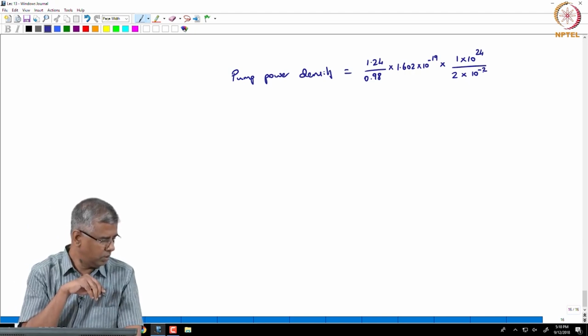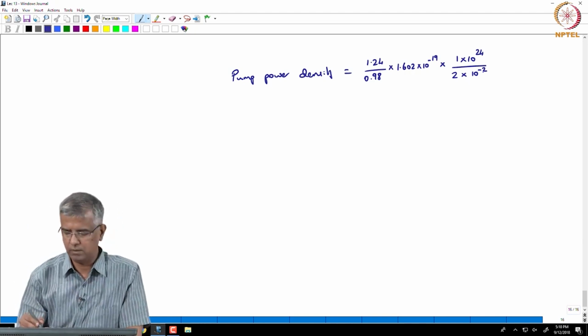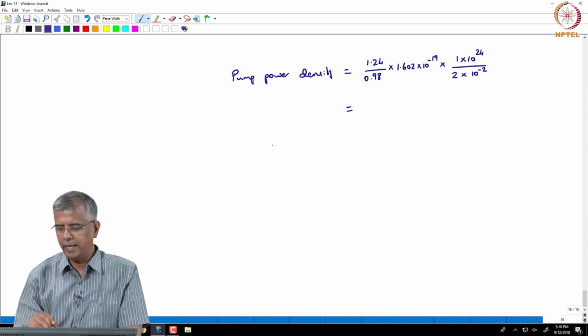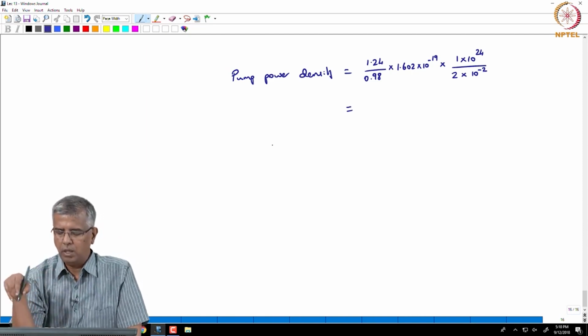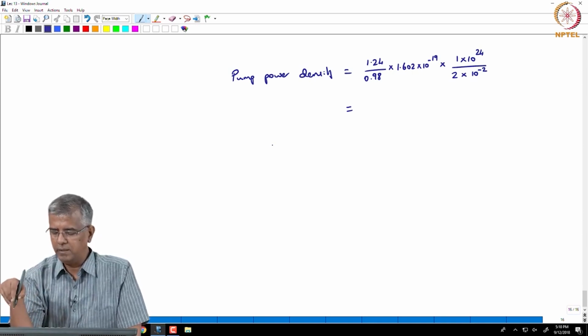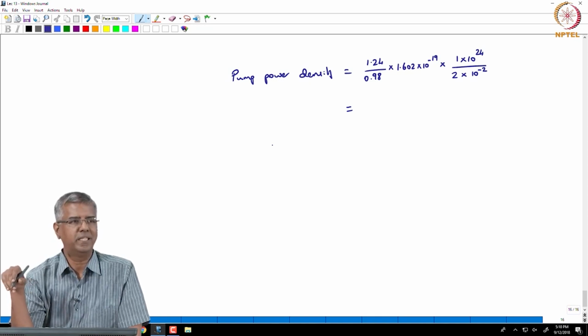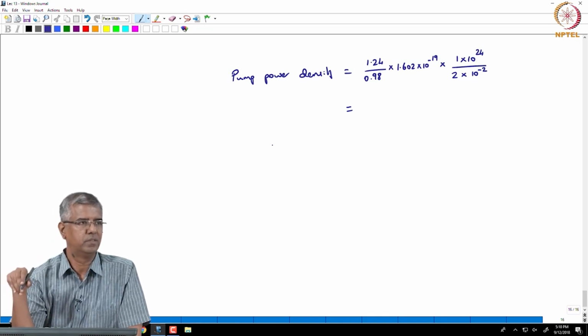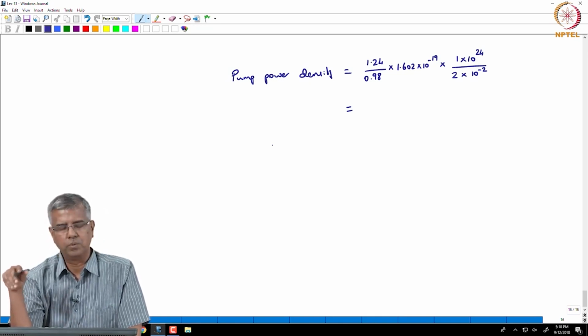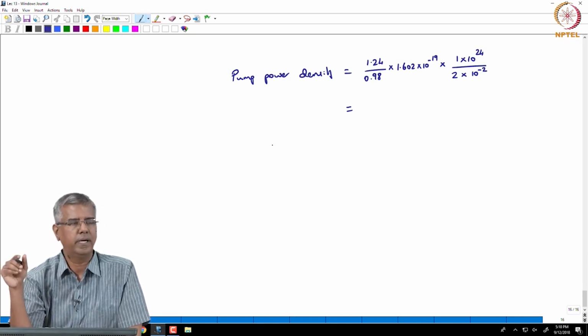Okay. So, if we do all of that, and mind you, when we calculate this, this comes out as watt per meter cube. So, this corresponds to a volume, right?